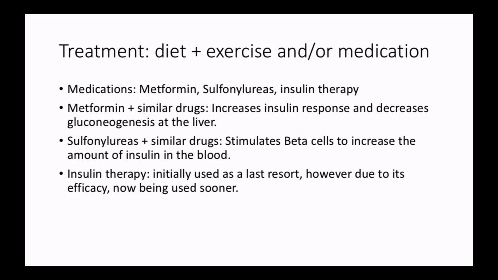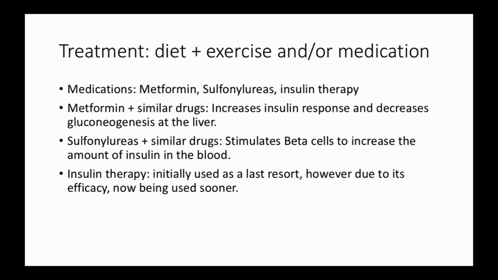Sulfonylureas and other similar drugs that work by a similar mechanism stimulate beta cells to increase the amount of insulin in the blood. So basically what we're doing is medicinally treating insulin resistance, and we're also medicinally treating the beta cell dysfunction. But what's interesting to me is that, for all the complications that I just listed, if you have a lot of blood sugar going on, that's really bad for your body.